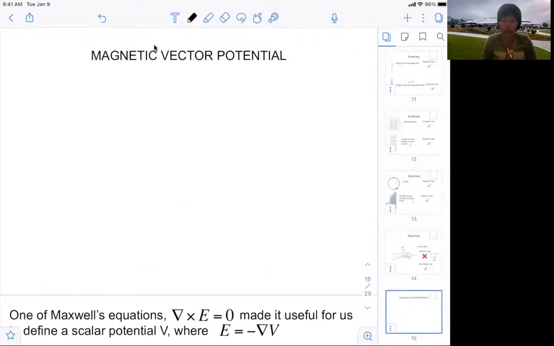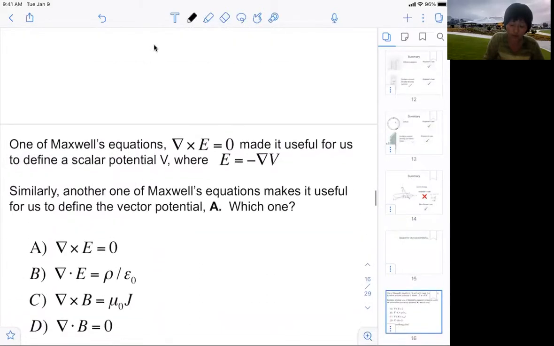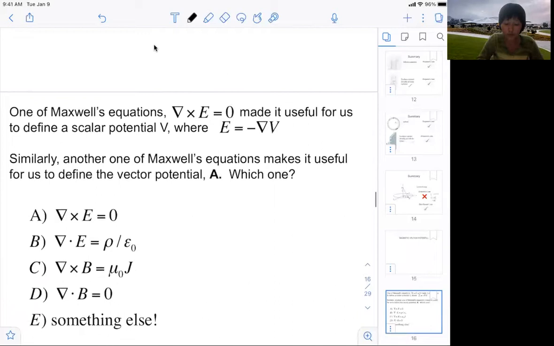So we are now shifting gears to do the last topic in chapter 5, which is magnetic vector potential. You're very familiar with the idea of a potential, right? In electrostatics, we defined a potential V. The reason that we can define a scalar potential is because the curl of E is 0.